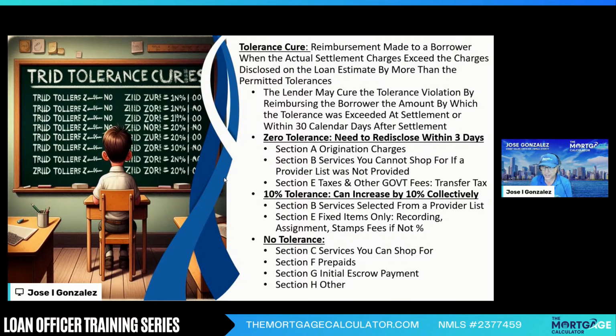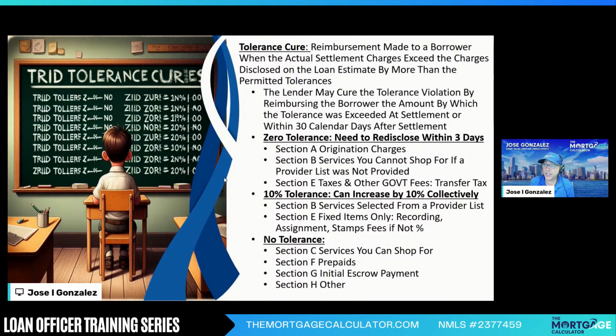And the Section E government section, the fixed items only, such as recording fee, assignment recording fees, and stamp fees, if not based on a percentage amount. Any stamp fees based on a percentage amount go into the zero tolerance section.